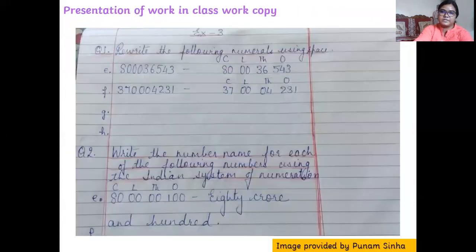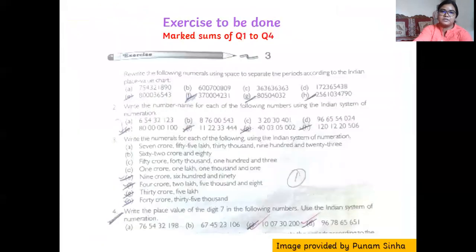And seeing your book, exercise number 3, you will start solving the given assignment or the marked sums given here in this video. You will be doing these sums in your classwork copy. So this is how you will be presenting your work. And please mark the sums, like exercise 3, question number 1, EFGH, question number 2, EFGH, question number 3, EFGH, question number 4, CD.